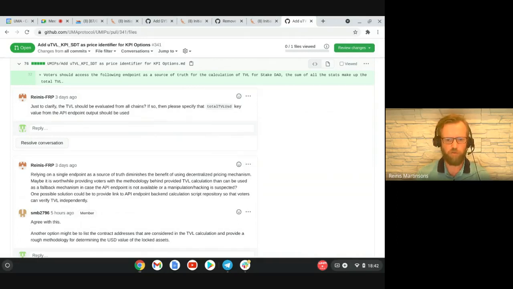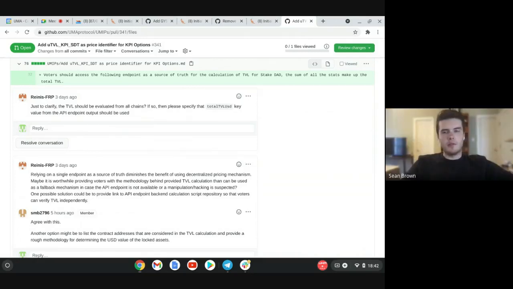I think that's a major point. It's the exact same issues as the last UMIP we just talked about, right? We need a historical data API, and then also the underlying methodology. But other than that, I think it looked generally pretty good.